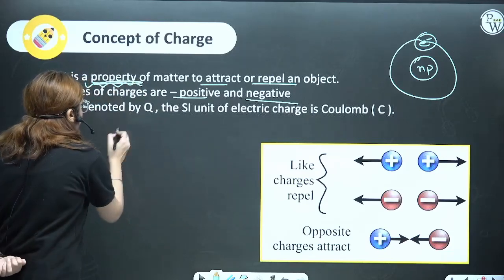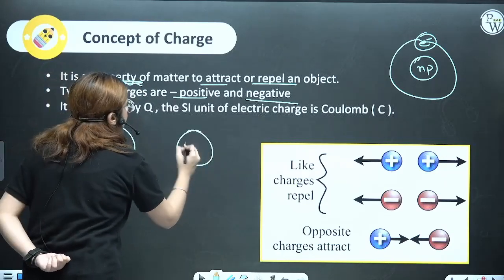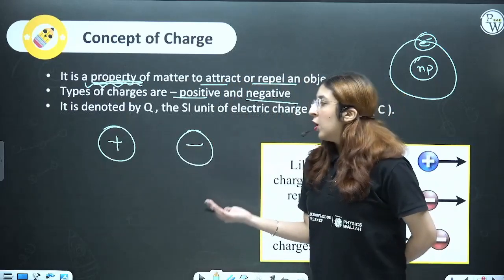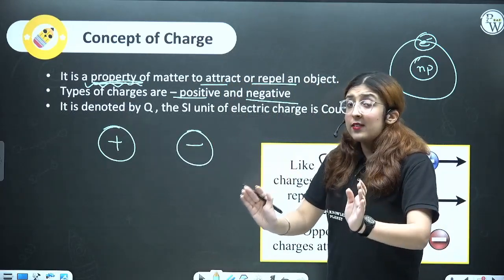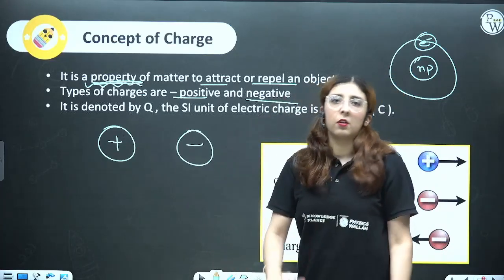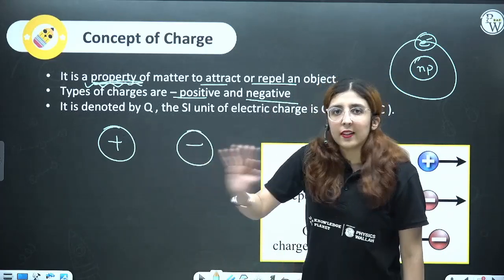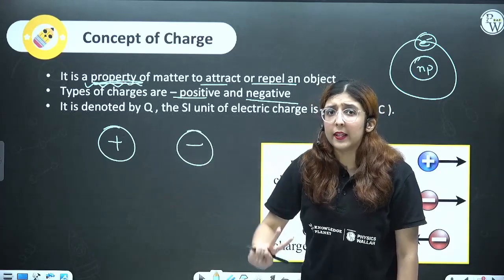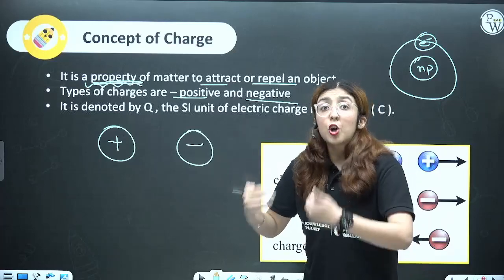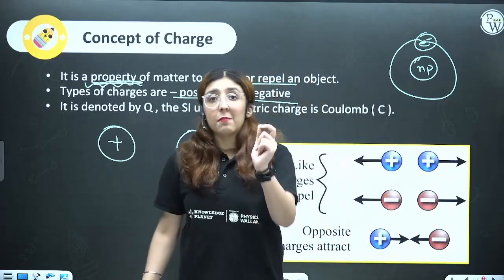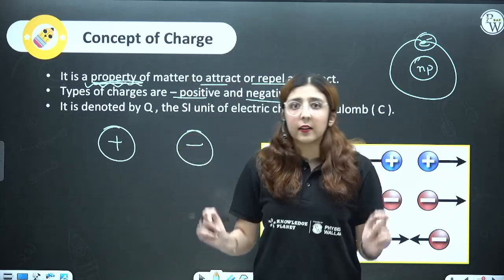Whatever attraction is taking place, whatever repulsion is taking place, charge is important for it. Without charges, nothing can happen. Matter is there, charge will be there. This is the truth, you cannot deny that. Mass will be there, volume will be there, matter will be there.